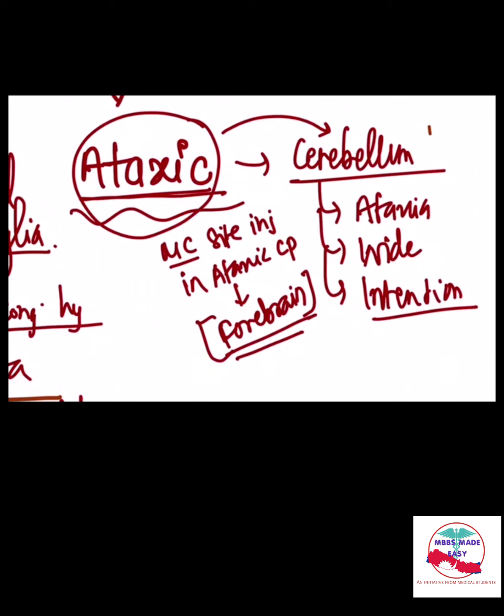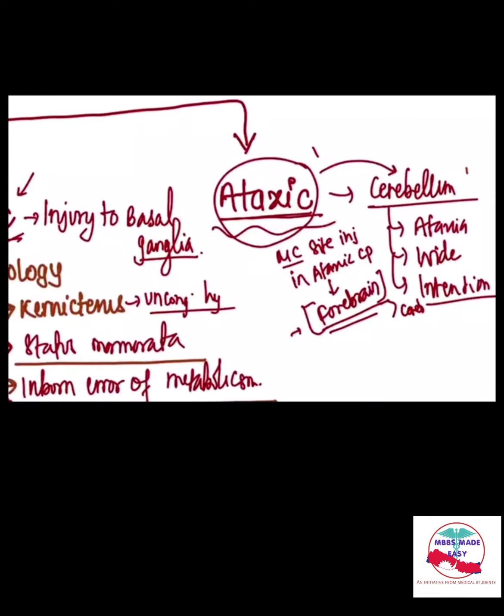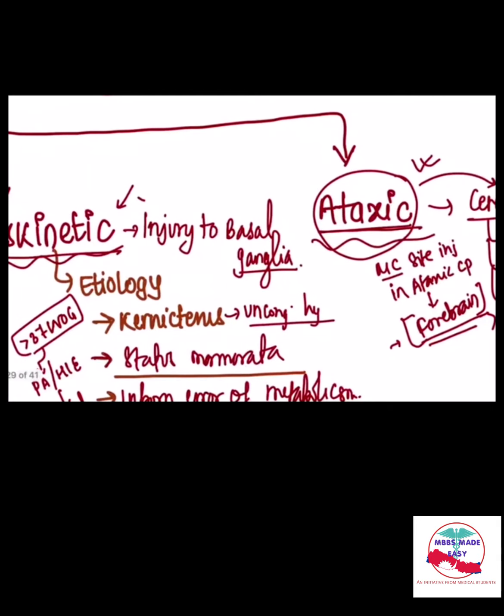Radiological studies show that there is more injury to the forebrain than the cerebellum, and it's a pretty difficult thing to explain why forebrain damage would cause ataxia. But immediately followed by forebrain, there is involvement of the cerebellum in up to 20-25% of the cases of ataxic cerebral palsy.